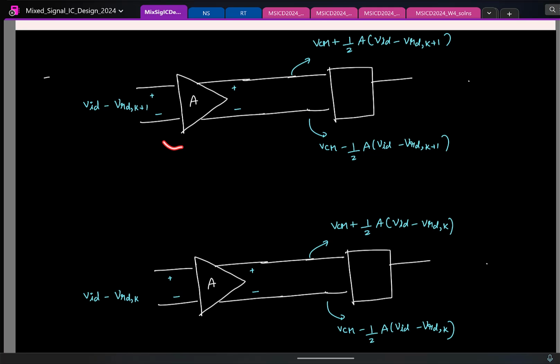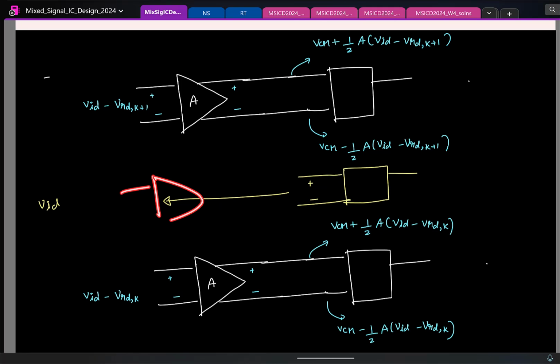When I interpolate, I don't want to have a preamplifier, right? I just want to have the comparator directly and get this done with. So what should be the differential input that goes to the comparator here, ideally? Let's say you have a preamplifier here. Then ideally, what do you expect the differential output to be?